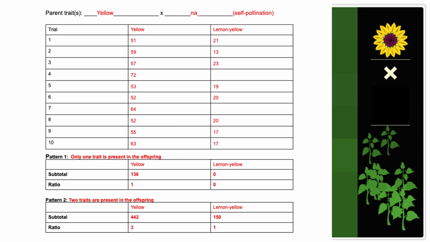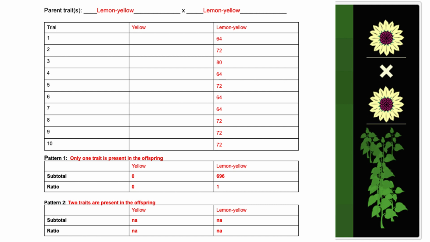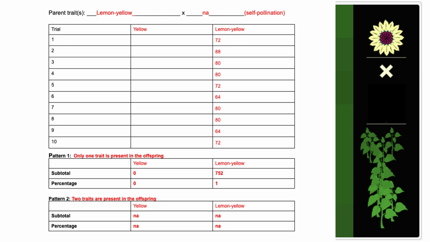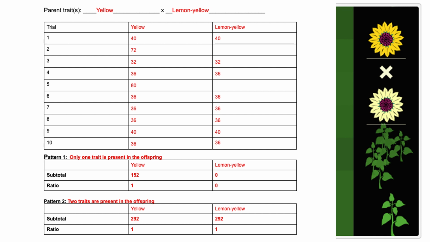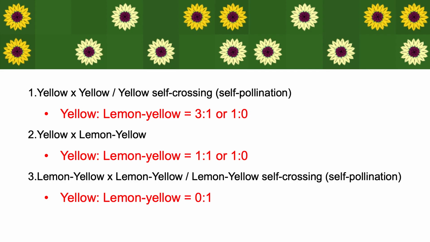In class, after students compare their data and the patterns, they should be able to conclude. When they cross yellow flowers with yellow flowers or conduct yellow flower self-pollination, they should get a 3:1 ratio where 75% of flowers are yellow and 25% of flowers are lemon yellow, or they only get yellow flowers.